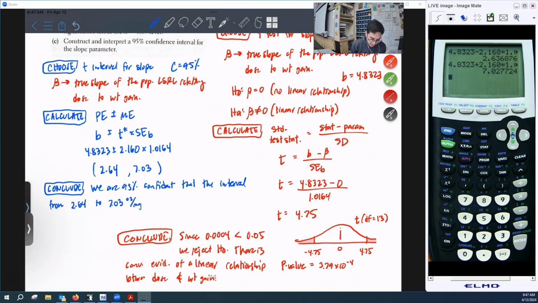All right, so the interval from 2.64 ounces per milligram to 7.03 ounces per milligram captures the true slope of the population LSRL relating dose to weight gain.